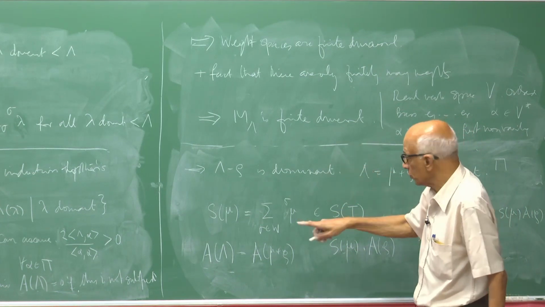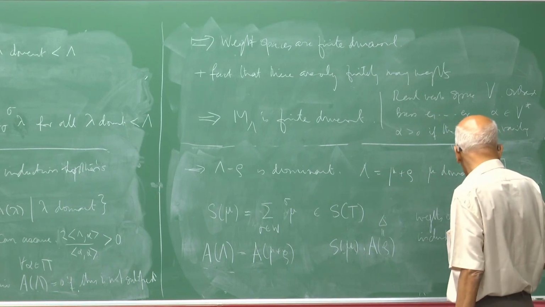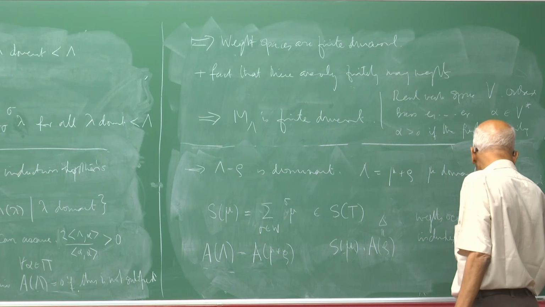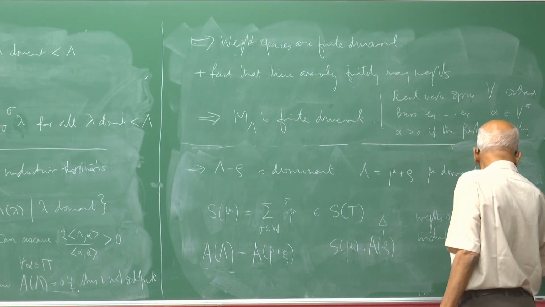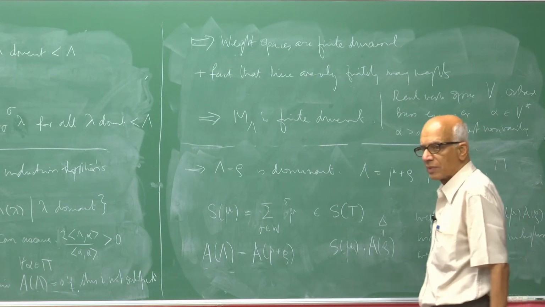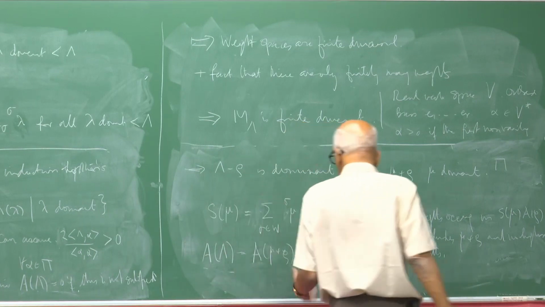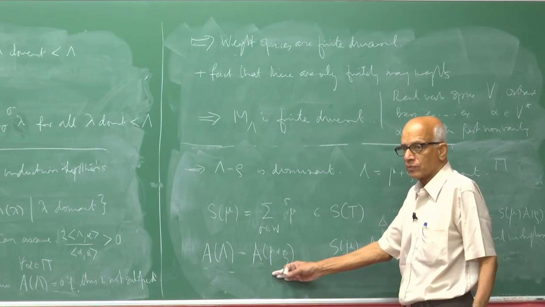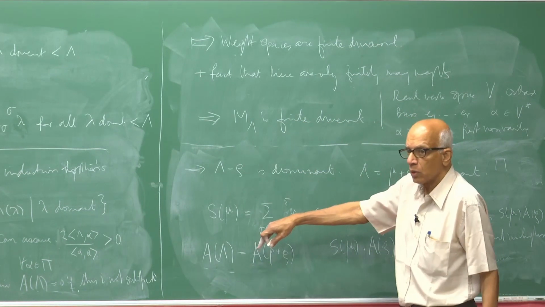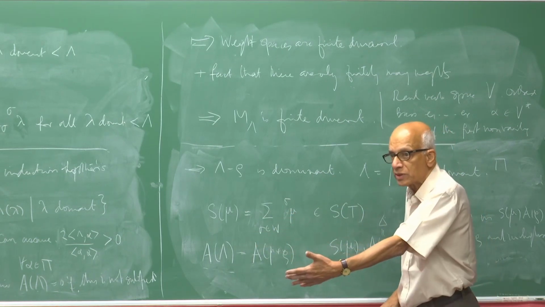So mu plus rho will occur there, and it is the maximum weight occurring in this and no higher weights. It is true on the left hand side as well, because it is dominant, you start with mu plus rho and you get only lower weights.